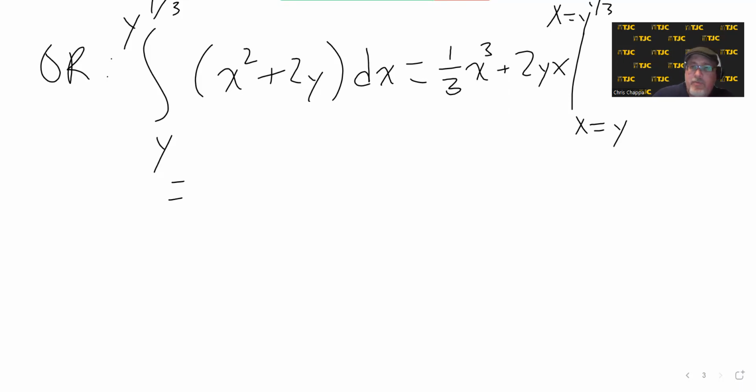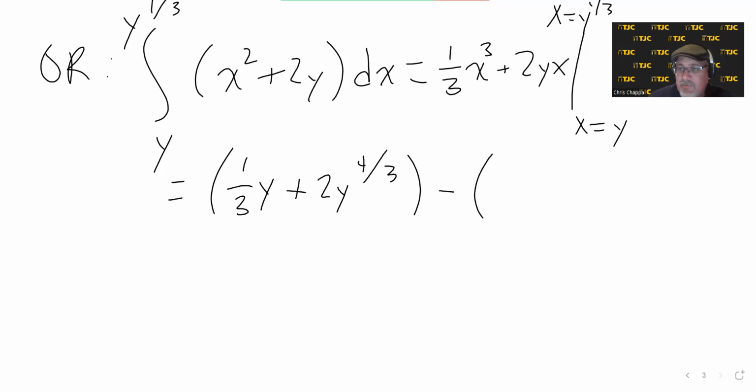All right, let's see. If we put in y to the 1/3, we get 1/3 times x cubed, but x becomes y to the 1/3, and then 1/3 times 3. So we get 1/3 y plus 2yx. If we replace x with y to the 1/3, we get 2y times y to the 1/3. Add the exponents, we get 2y to the 4/3.